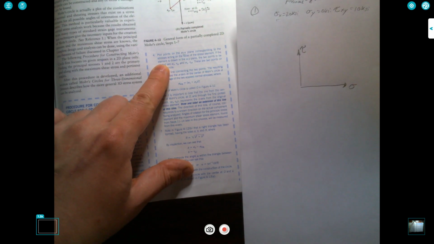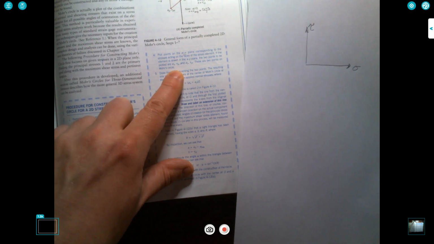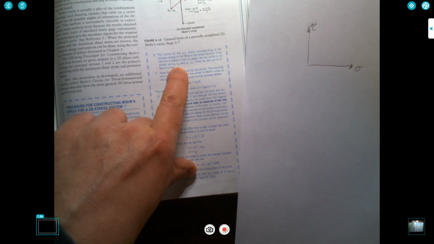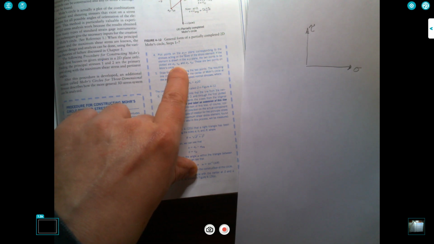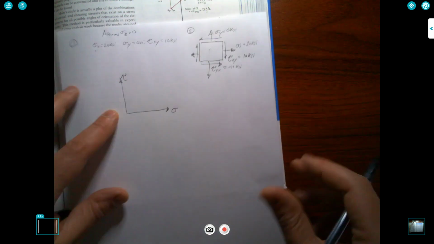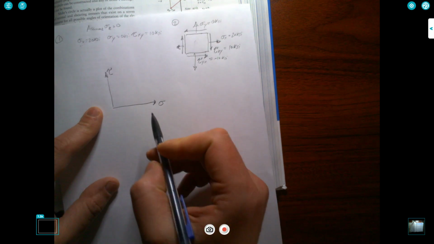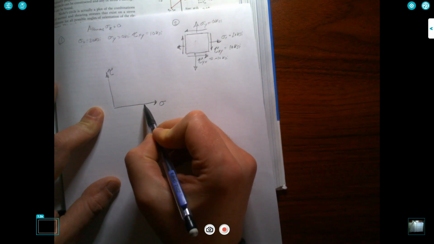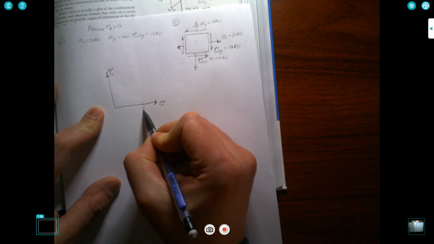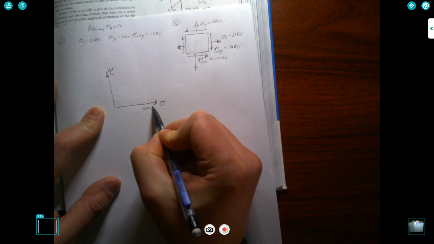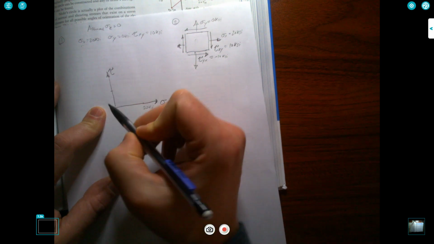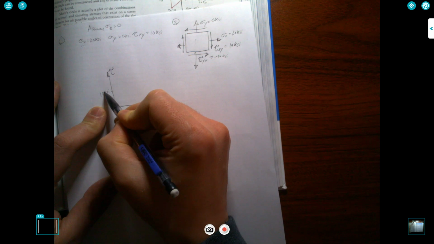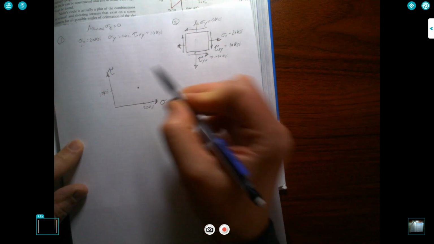Alright, plot our point. So in this case we want to do sigma x, and our shear xy is going to be our positive shear in this case, right? Positive tau xy is 10, and sigma x is going to be 20. So 20 KSI for our normal stress, positive 10 KSI for our shear stress, and that gives us a point here.